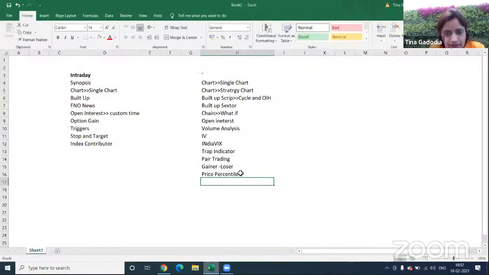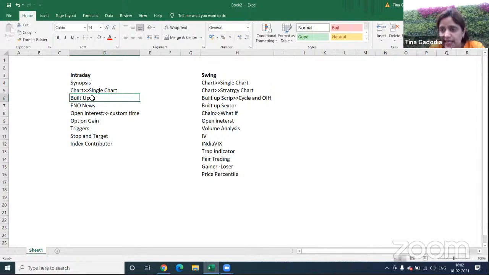So before we go into that, I've made one small differentiator. One is for the intraday and secondly is for the swing. When it comes to intraday trading, the tools which can come handy could be Synopsis, the single charts, build up, script wise and sector wise, FnO News, open interest where you have the custom time change, then option gain, specifically only on the weekly expiry days, like every Thursday.